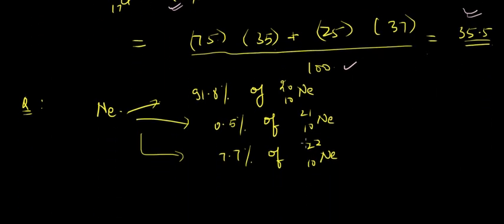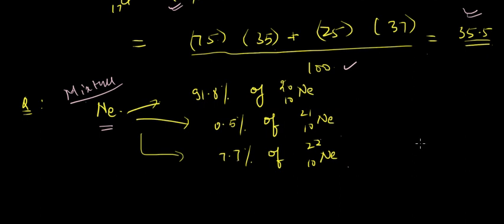Now let's discuss another question on the same lines, that suppose we have a neon mixture which is having 91.8 percent of Ne20, 0.5 percent of Ne21 and 7.7 percent of Ne22. We have to calculate the atomic mass or molar mass of neon.